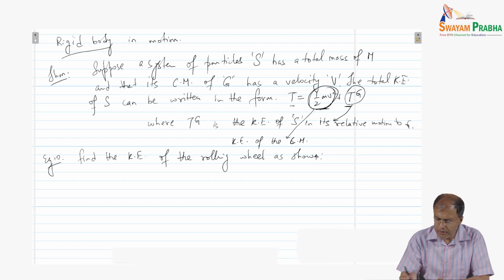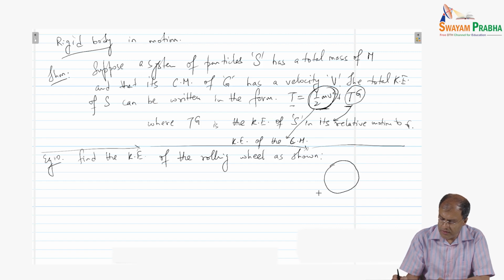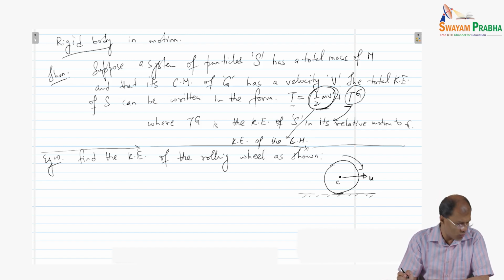So the problem is as follows: we have a wheel and the wheel is rolling, and the center of mass of the wheel is C. Of course when it is rolling, it is also moving forward with some velocity u.